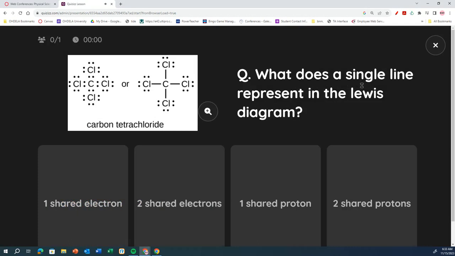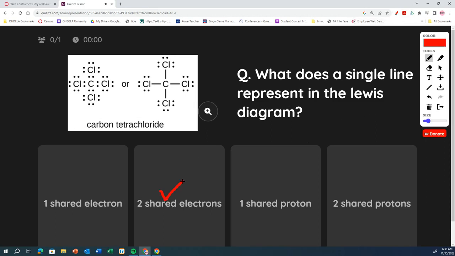What does a single line represent in the Lewis dot diagram? Okay, so if you notice, the lines have replaced 2 electrons. So 2 shared electrons, and that's called a single bond. Single bond, 2 shared electrons.